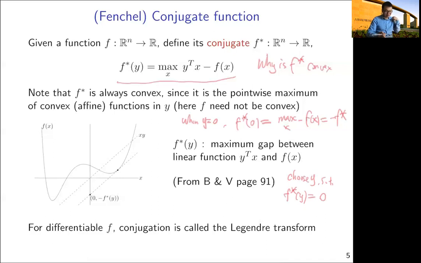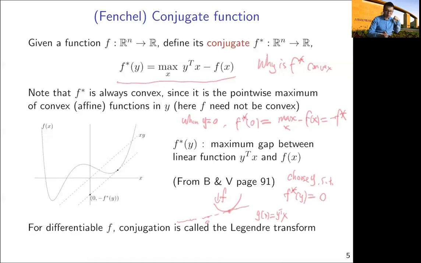So I guess what this is saying is that if this is a function f, and this is the origin, then the function g(x) equals y transpose x defines a hyperplane that exactly supports this function f from below, right?